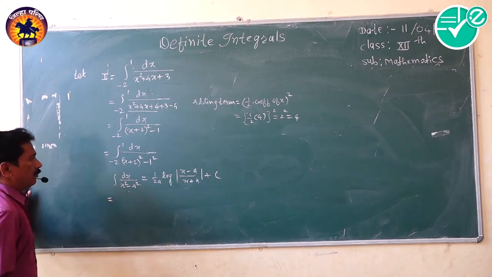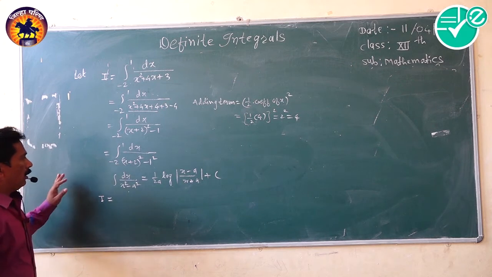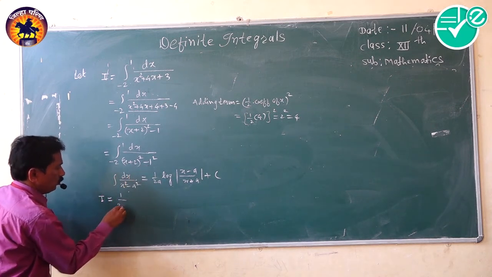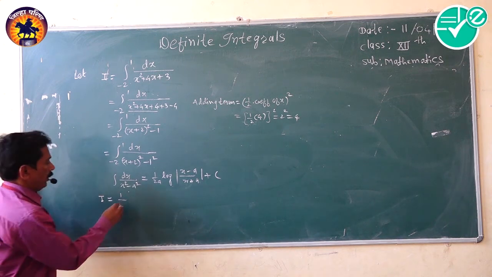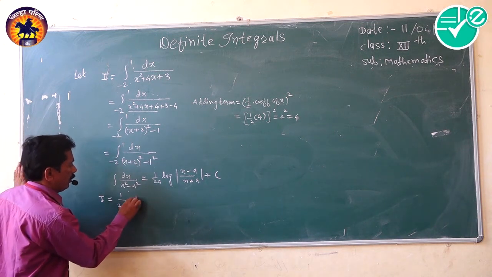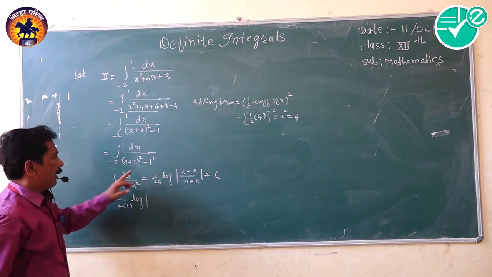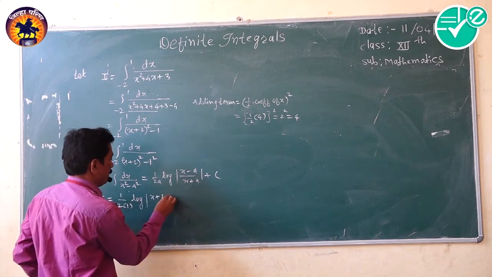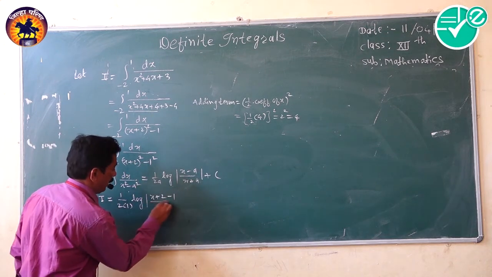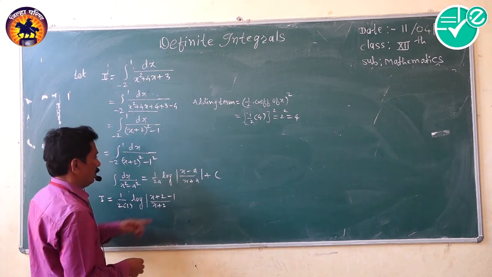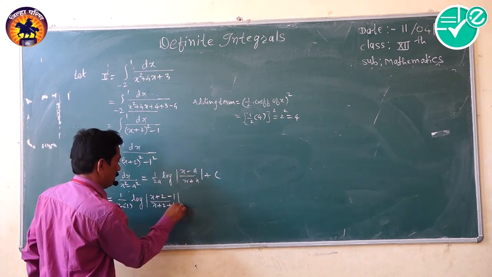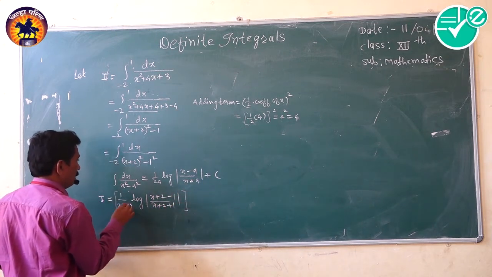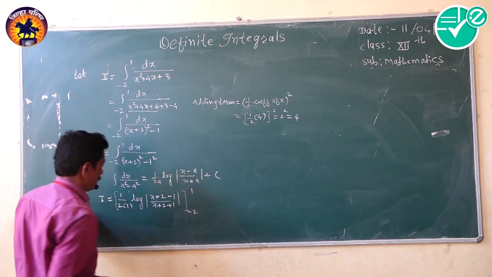Therefore, this is equal to 1 upon 2a, that is 2, into 1, log of x, that is x plus 2, minus a means minus 1, divided by x plus 2 plus a means plus 1. Limits are minus 2 to plus 1.